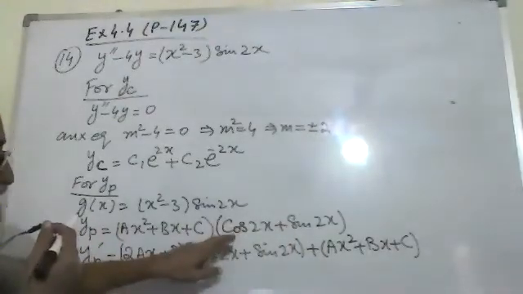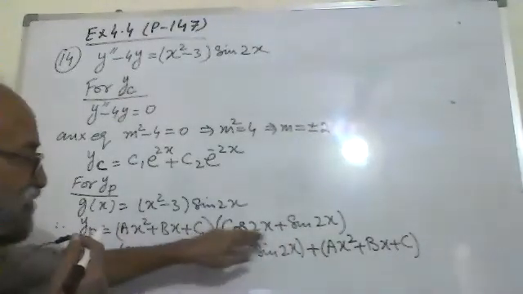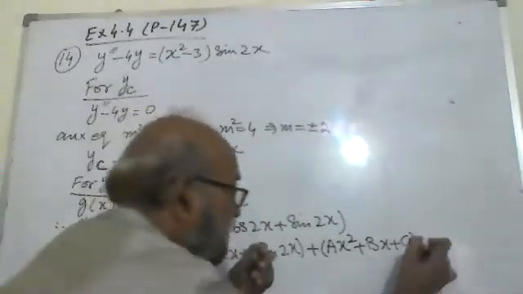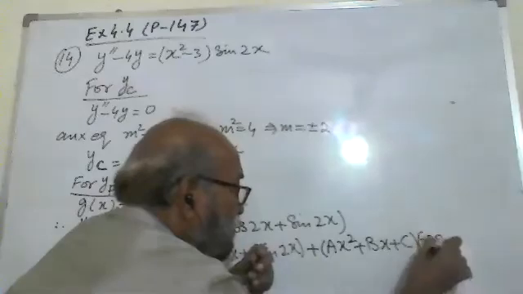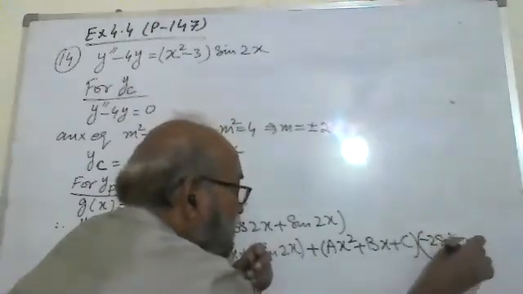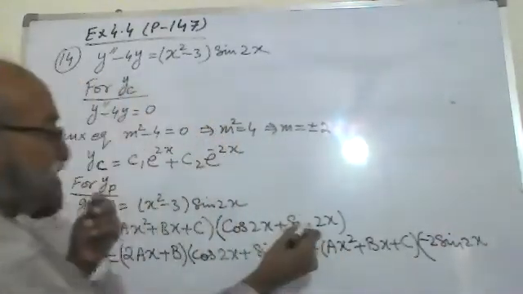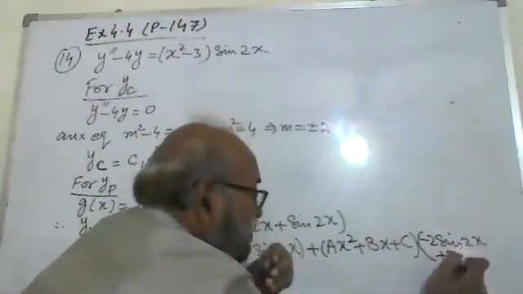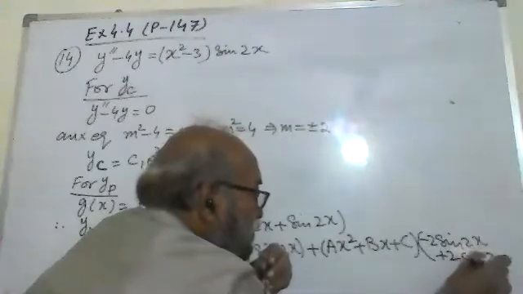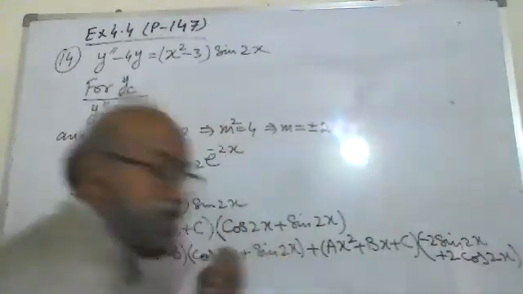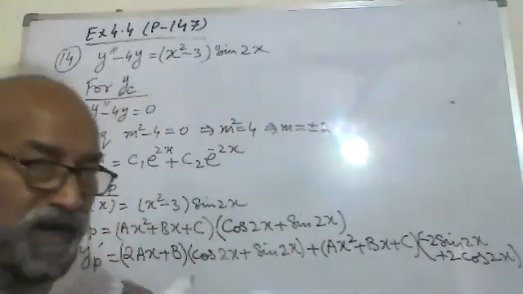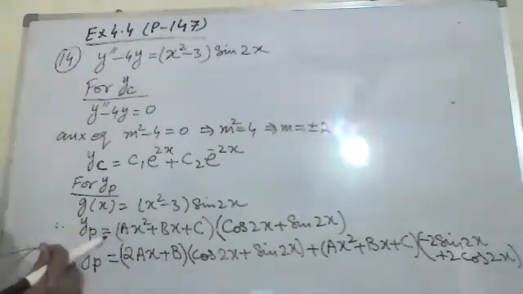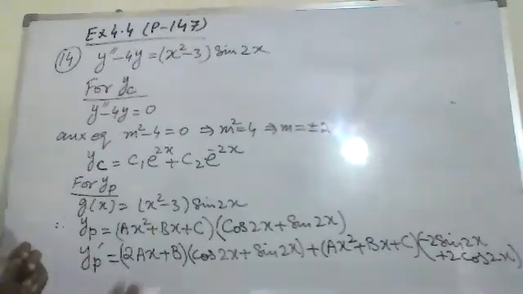The derivative of cos 2x will be minus sine 2x and the 2x will give 2, so minus 2 sine 2x, in the same way plus 2 cos 2x. Minus 2 sine 2x plus 2 cos 2x is the derivative of the second function.